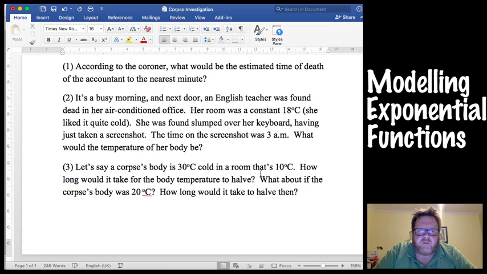Now you can see I've got a second half of the question here. What about if the corpse's body was 20 degrees Celsius? How long would it take to halve then, so get to 10 degrees Celsius? I'm not going to do this in this video, but that question might sound straightforward, but there's a little bit of a twist to it, which you might be able to think about.